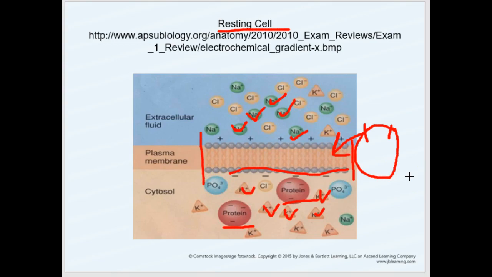In general, sodium will be at a higher concentration out, potassium at a higher concentration in, but overall you're going to have more positive on the outside than the inside, giving the cell a negative charge across that membrane. That'll be -70 in a resting cell.